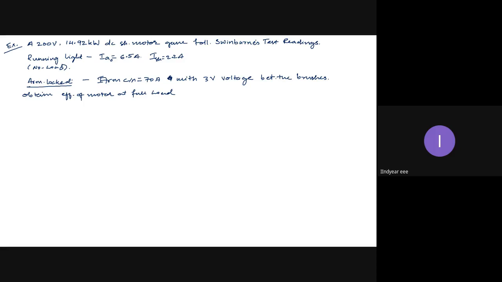We are not applying the rated voltage. You should observe here the voltage applied is only 3 volts, whereas the motor rating is 200 volts.